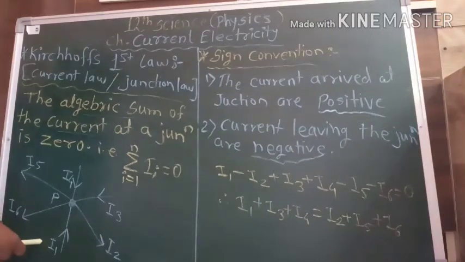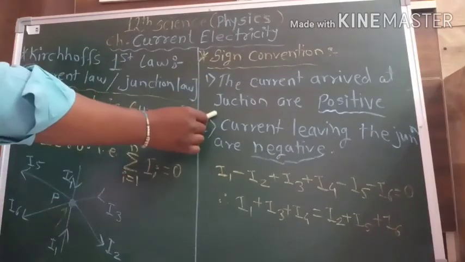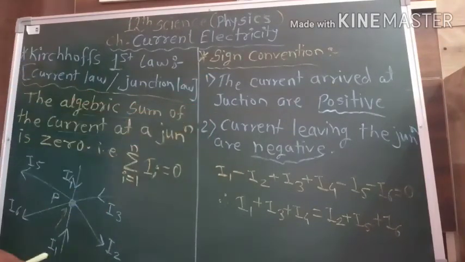In this figure, I1 goes towards the junction, it arrives at the junction, and by the first sign convention, current arriving at the junction is positive. So current I1 is positive.